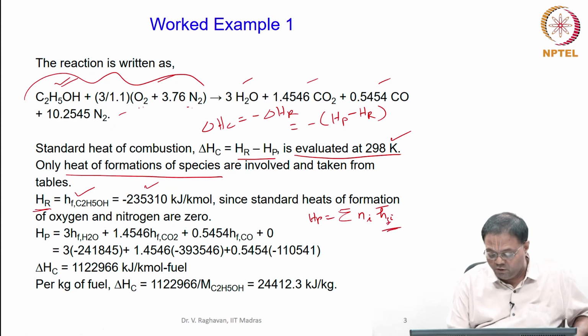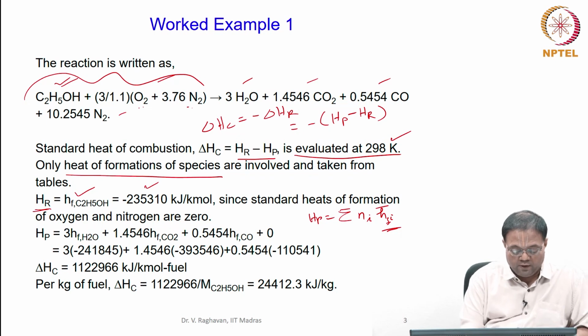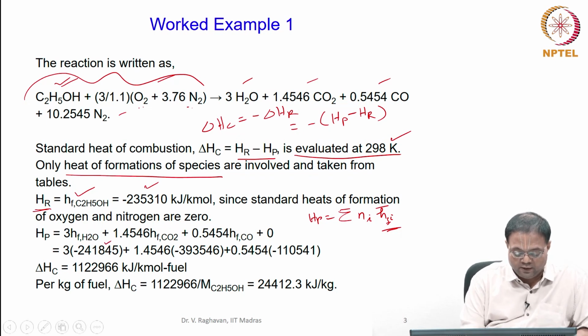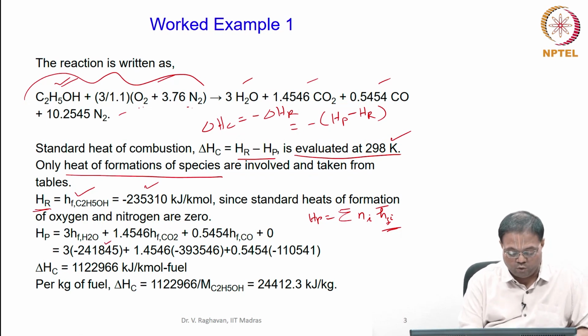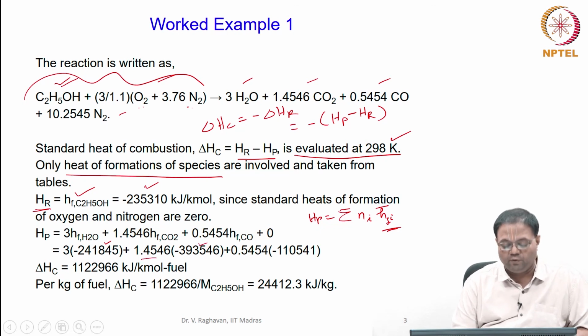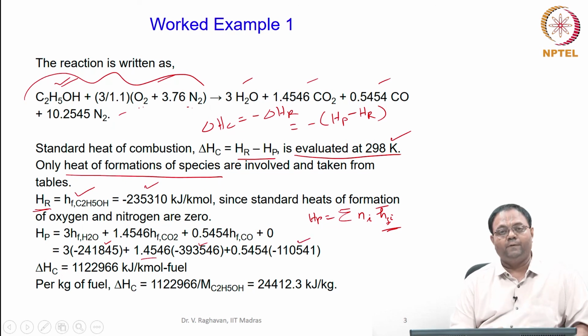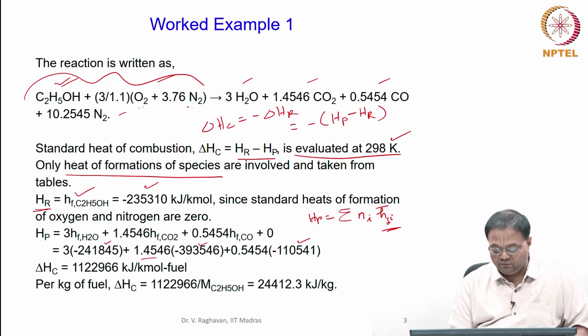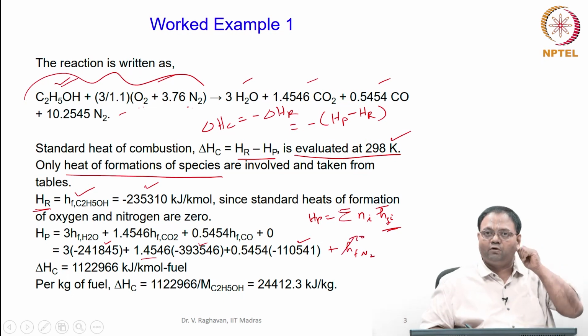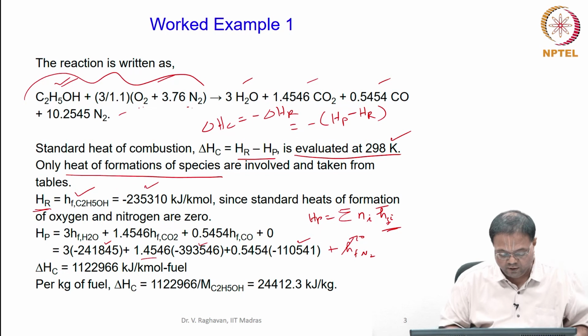So, that is what we are trying to do here: 3 times the enthalpy of formation of H2O, and 1.4546 times the enthalpy of formation of CO2, plus 0.5454 times the enthalpy of formation of CO, plus 0. There is no enthalpy of formation of nitrogen because it is a naturally occurring species.